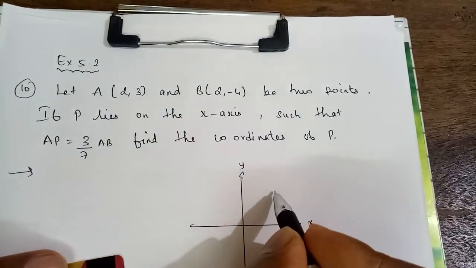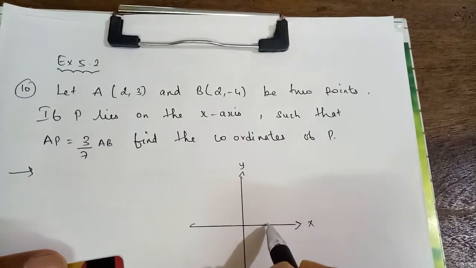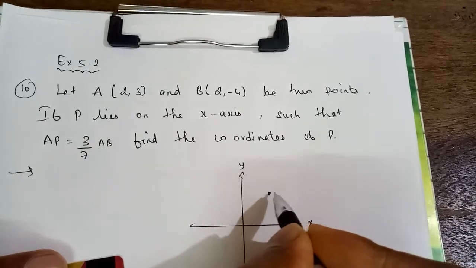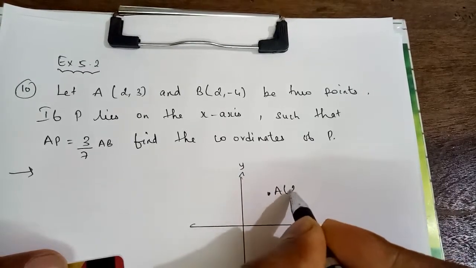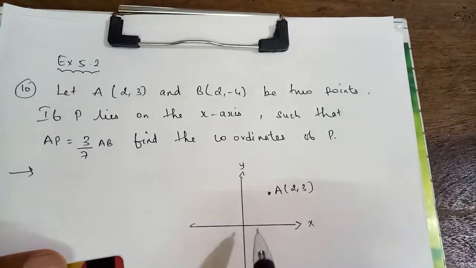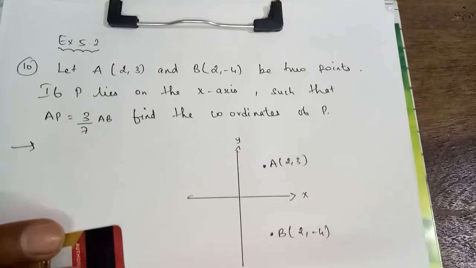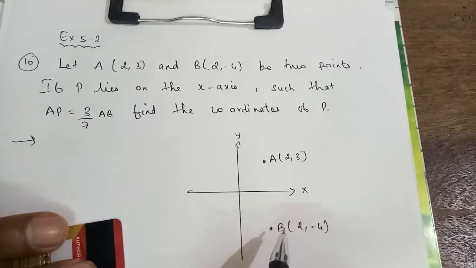Keep in mind (2, 3), it lies in the first quadrant. So this is A (2, 3). And what is B? (2, -4). So 2 is here, and B is (2, -4). This is given in the question.